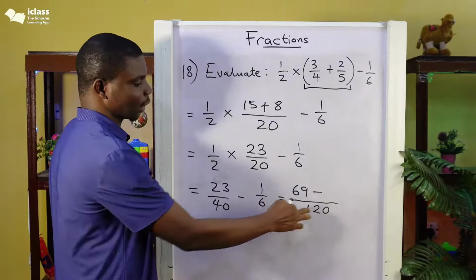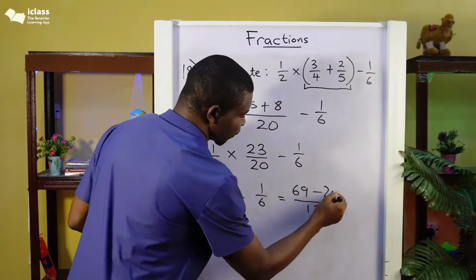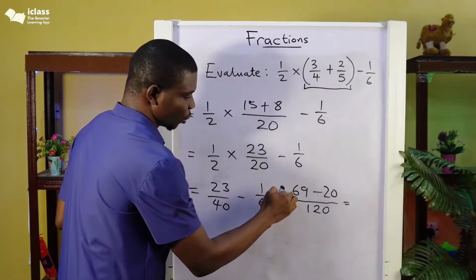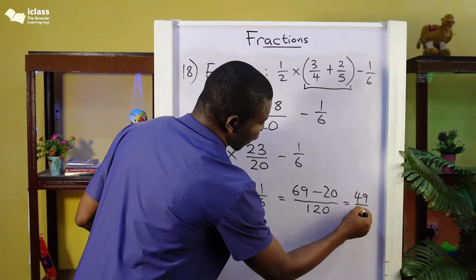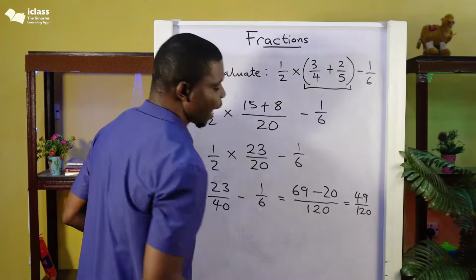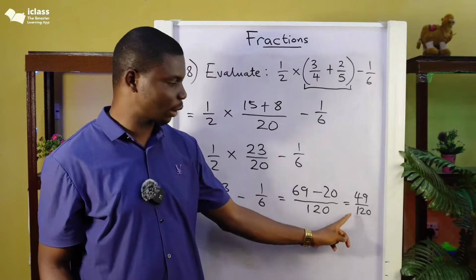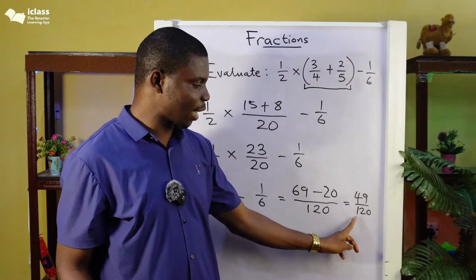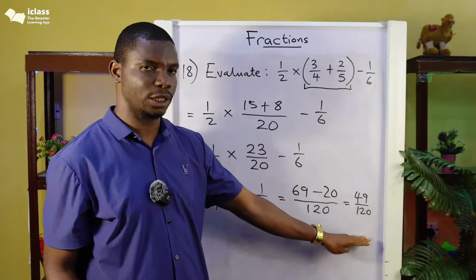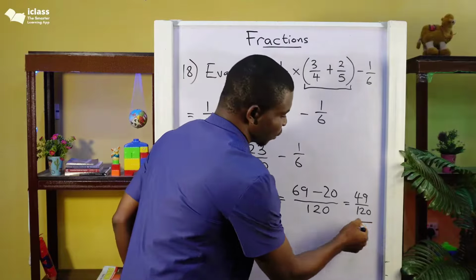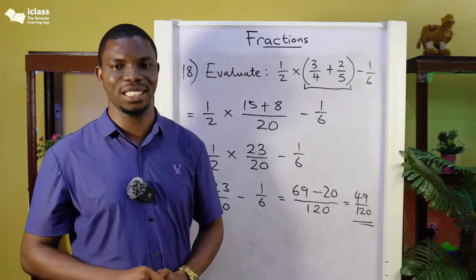Minus 6 into 120 is 20 times 1 is 20. 69 minus 20 is 49. So we have 49 over 120. And there are no common factors between 49 and 120. So that means this is the simplest form that we can leave this fraction. And so our answer is 49 over 120.